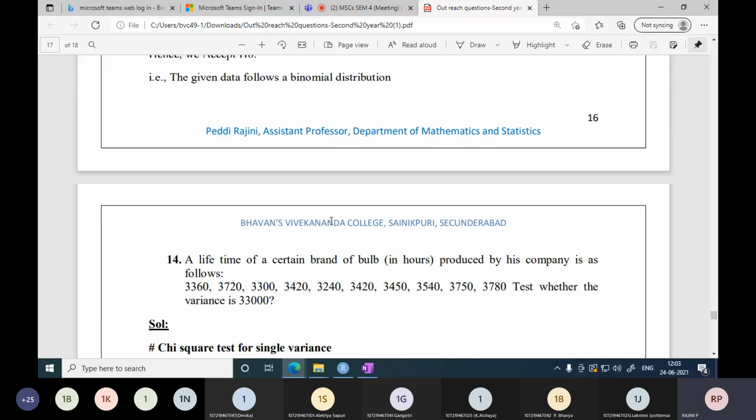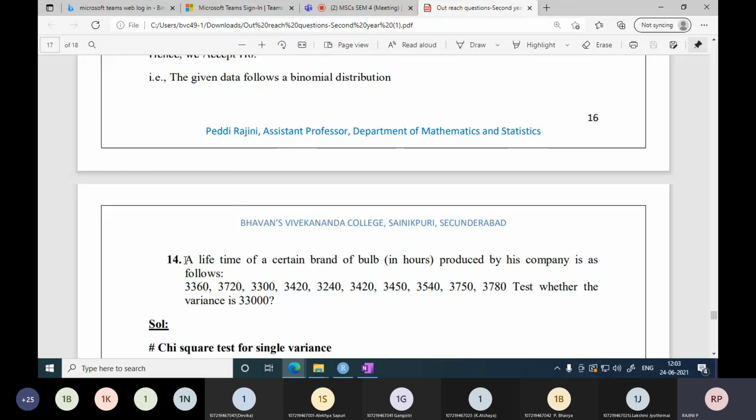Now check it. What is the question you have? Everybody read the question. What is the data that has been given?